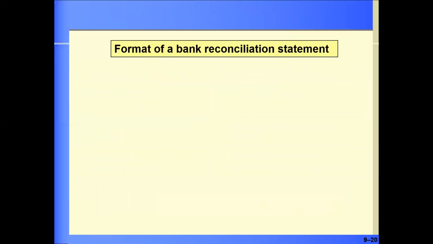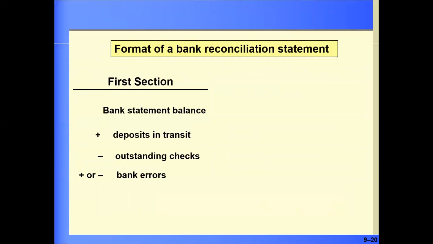So the format of a bank reconciliation. First thing you do, you start with the bank statement. And you're comparing the bank statement to your ledger account for cash. So you start with your bank statement balance. And in this section, you're putting in everything that you know about in your company that the bank doesn't know about yet.